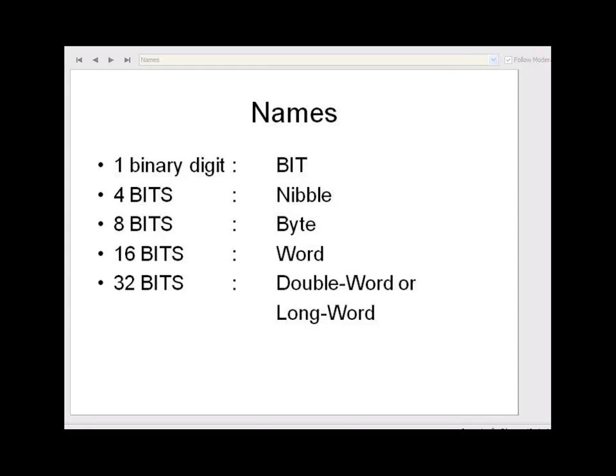Well, obviously a nibble. Very funny. 16 bits was called a word, 32 bits was called a double word. Actually, increasingly nowadays, we're just calling it a 16-bit word or a 32-bit word or even a 64-bit word. So rather than giving them their own little names, we're just saying how long they are.